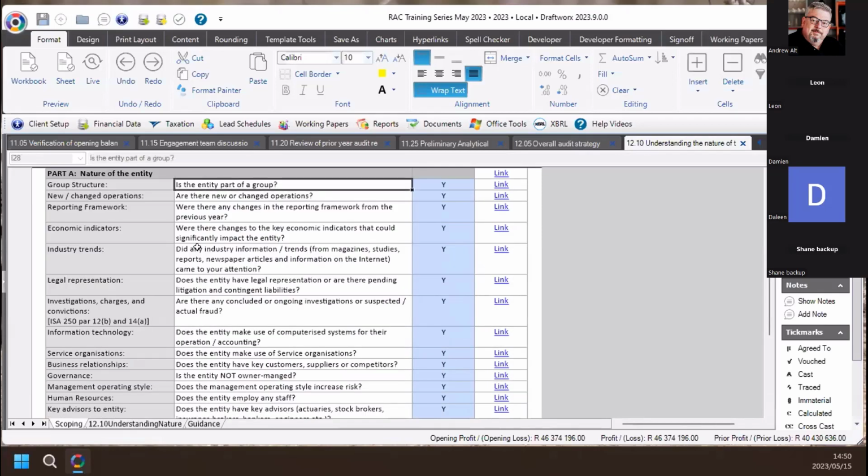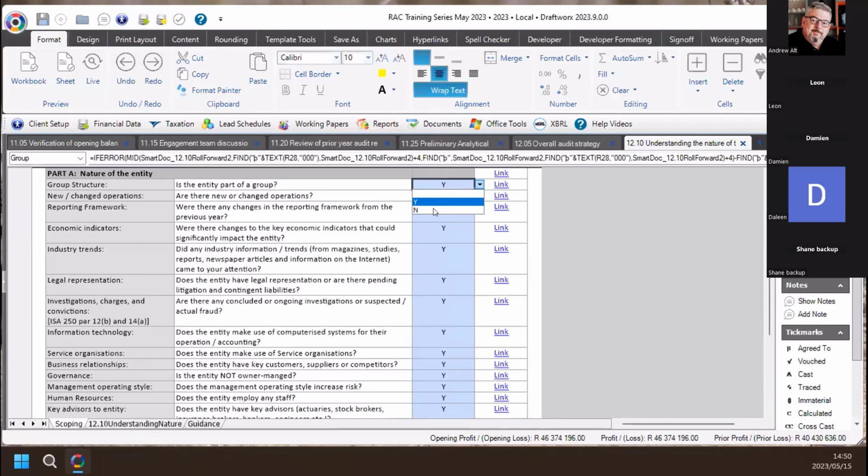So we ask the question, is the entity part of a group? And if you say, no, it's not part of a group, what that's going to do is it'll switch off the questions on the next document related to group structure. So that is going to allow you to just reduce the size of this document and might enable you, where things are not applicable, to at least go and reduce some of the onerous length, basically, of this document.